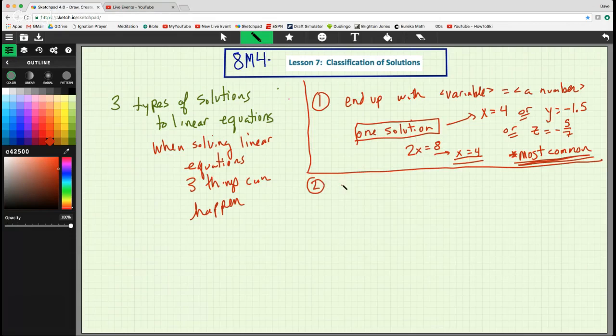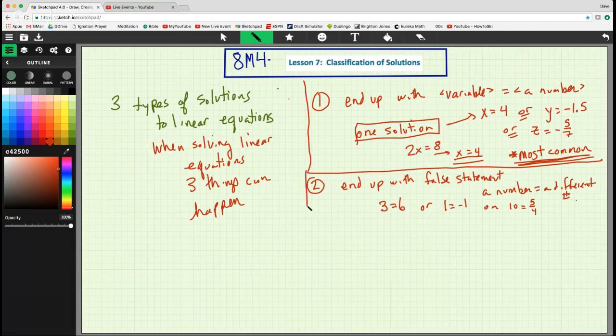The second case is you end up with a false statement where a number equals a different number. So you end up with something like 3 equals 6 or 1 equals negative 1 or 10 equals 5/4.